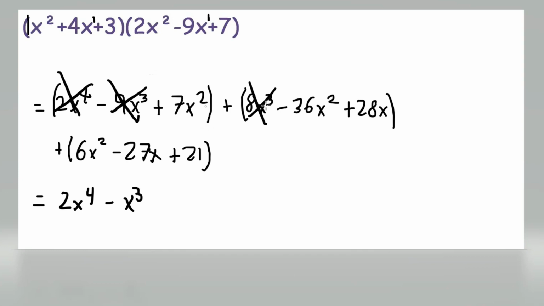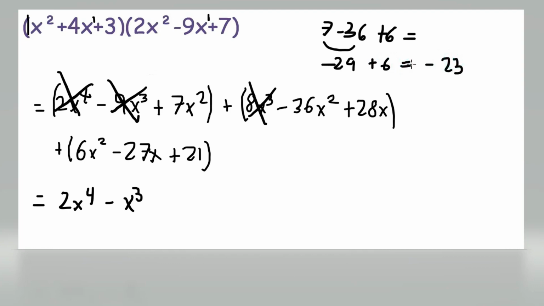So, 7 minus 36. And plus 6. So, 7 minus 36 is negative 29. Then, add natin sa 6. Is equal to negative 23.